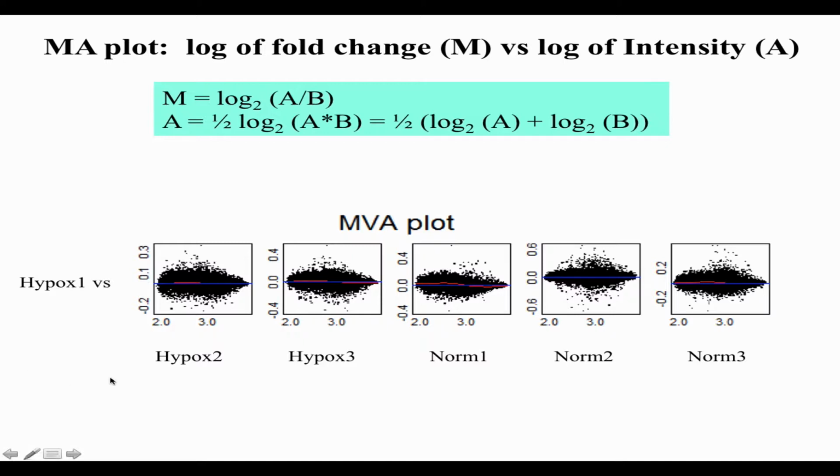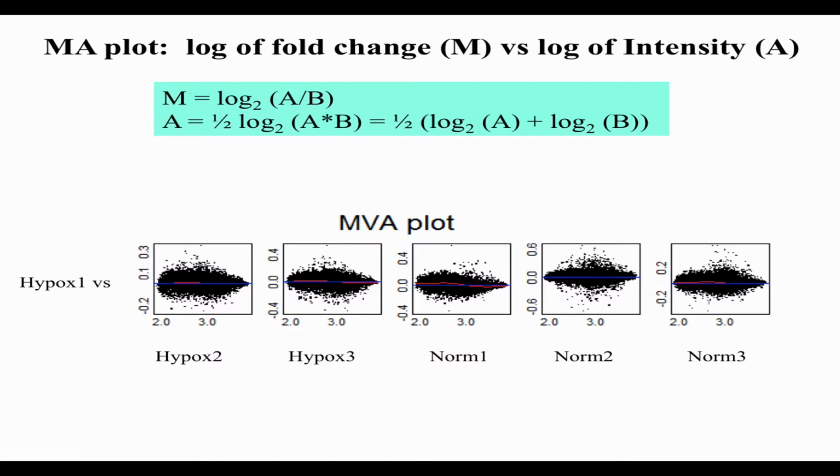The A-axis is intensity, how bright it is. And again, you're interested to know, is the fold change a function of brightness? Do we see more variability, more change in gene expression at genes expressed at high levels, low levels, or somewhere in the middle?